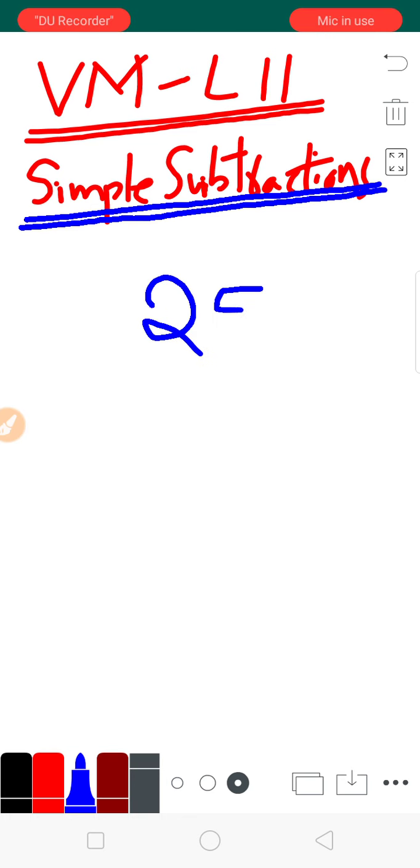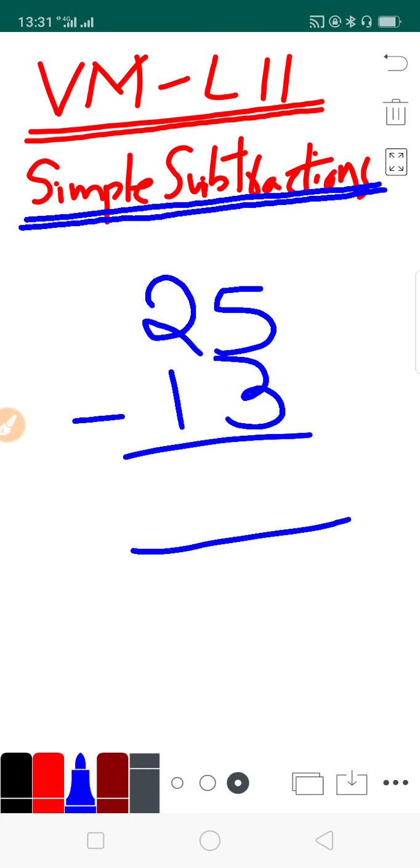Say 25 minus 13. This is a simple subtraction we will do. In the normal method, we do 5 minus 3 is equal to 2, 2 minus 1 is equal to 1. That is, we travel from right to left.